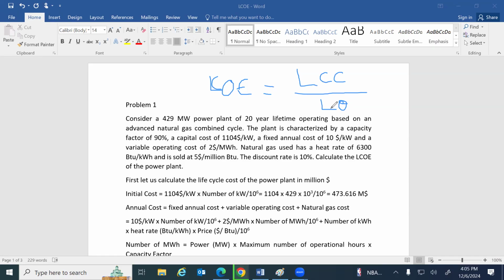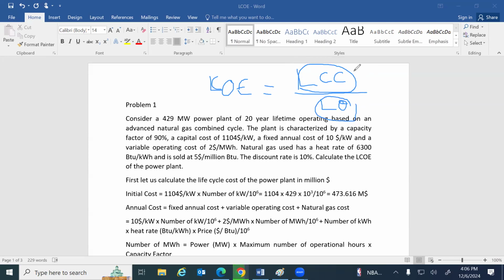Because if you have a very different lifetime, you cannot just compare the LCC. You need a normalized factor, which is LCC over the lifetime discounted output. So we will discount all costs to present, and also we need to do the same for the outcome.